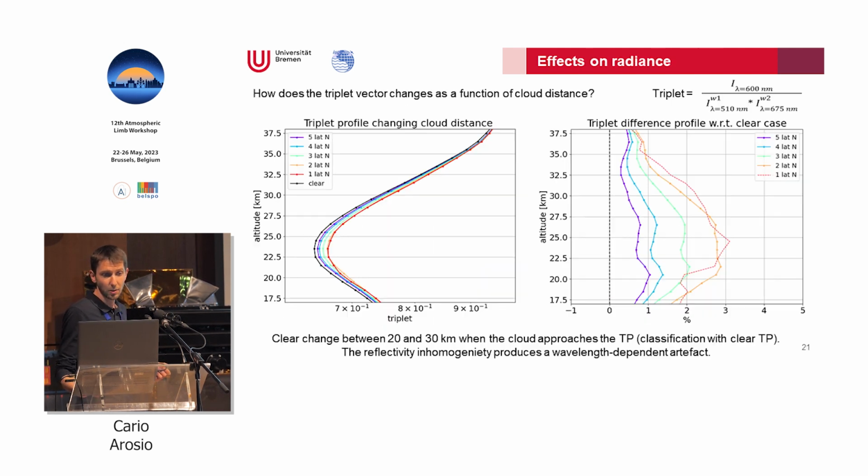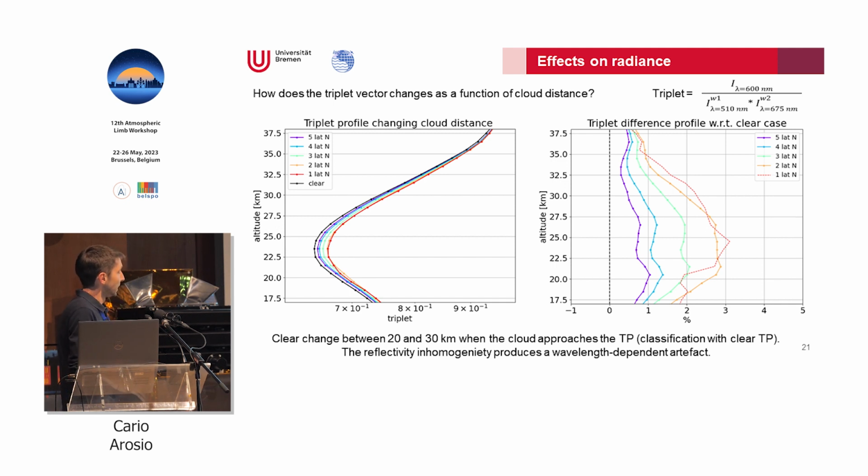And finally, we also had a look at the impact in terms of radiance. So I was considering the triplet that NASA is using for the retrieval in the visible, combining strongly absorbing wavelengths with less absorbing wavelengths.